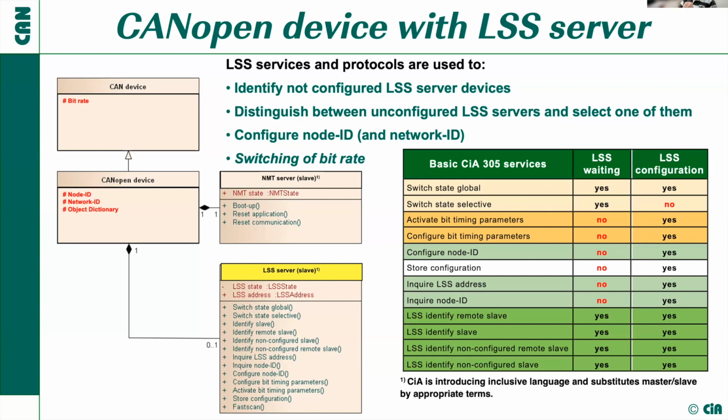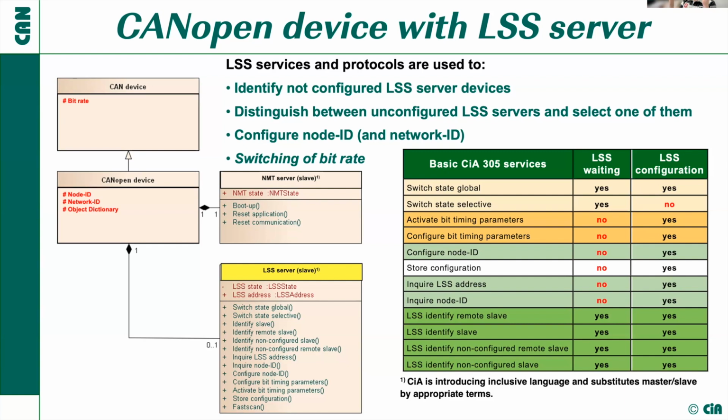And you have now the possibility via these layer setting services to identify these devices, to distinguish between them, to select one and then configure node IDs, and then with regard to CANopen FD, also network IDs. Additionally, but not the topic of the talk, these layer setting services allow switching during runtime from one bitrate to another. This is a great feature under laboratory conditions.